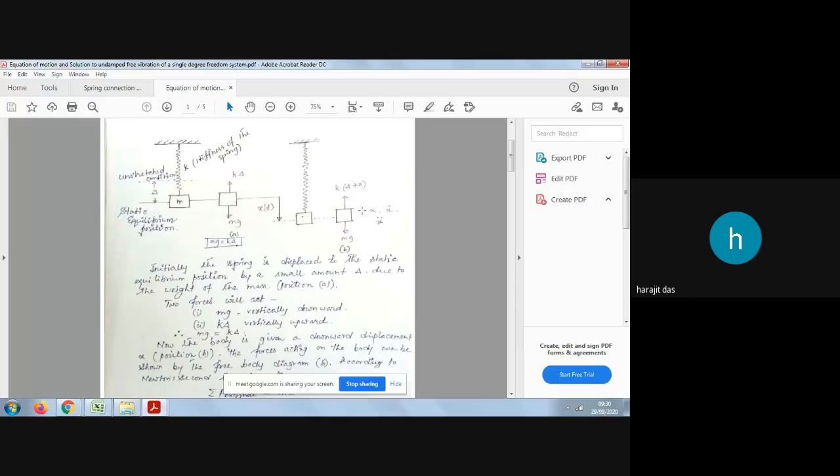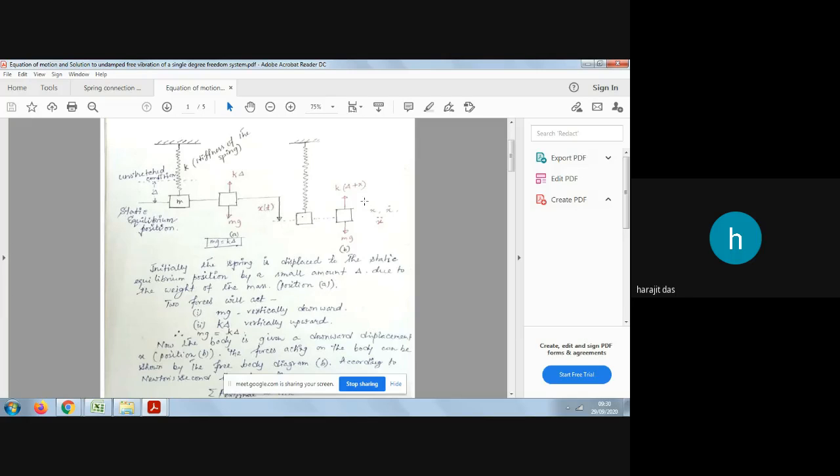So here the direction of the acceleration when you are displacing in the downward direction is x double dot, and it is downward. So now this system is in dynamic state, and it can be set to rest when you apply one inertia force, mx double dot, in the opposite direction to the acceleration. Means in the upward direction, so we will assume that there will be one mx double dot force.